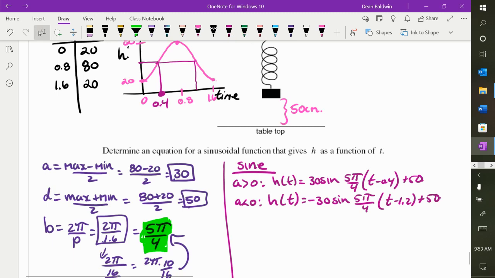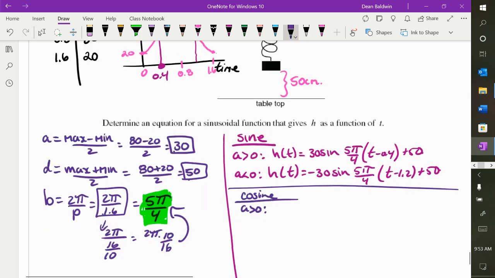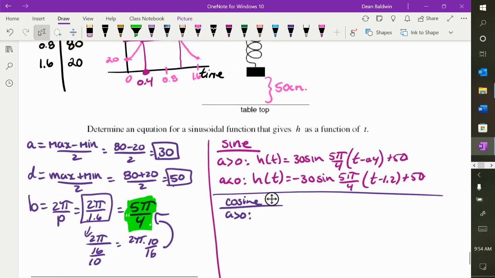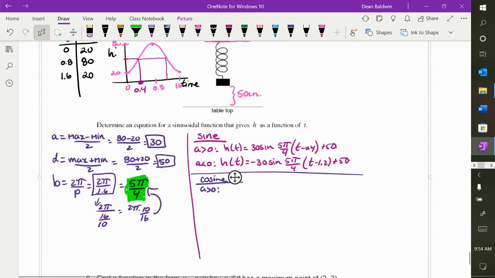T minus 1.2 plus 50. All right. On a graph like this, I would always just do cosine because they're more straightforward to me, but it's up to you. If you're doing cosine, A is greater than 0. What are you looking for? You're looking for the max, right?